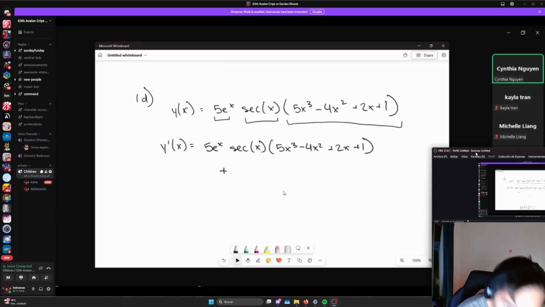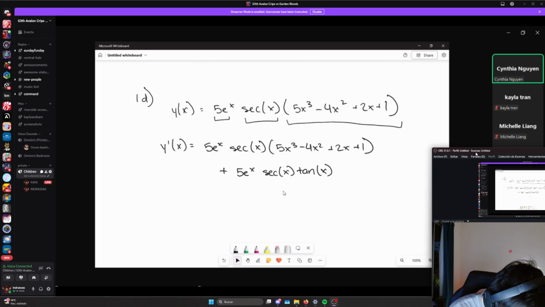The second part is now the one you take the derivative of, so the 5e to the x stays the same, secant of x times tangent of x is the derivative of secant, and the 5x to the third bit stays the same.